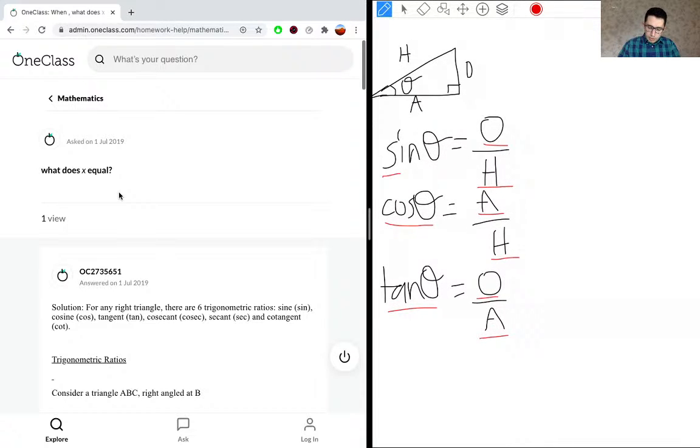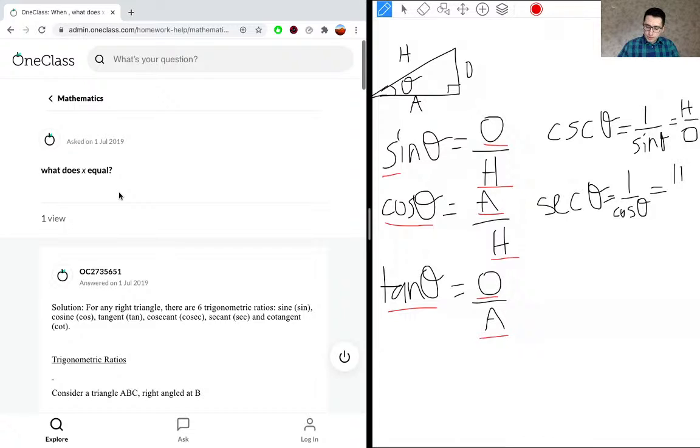So cosecant theta is 1 over sine theta, and this just equals hypotenuse over opposite. Then secant theta equals 1 over cos theta, and this equals hypotenuse over adjacent.